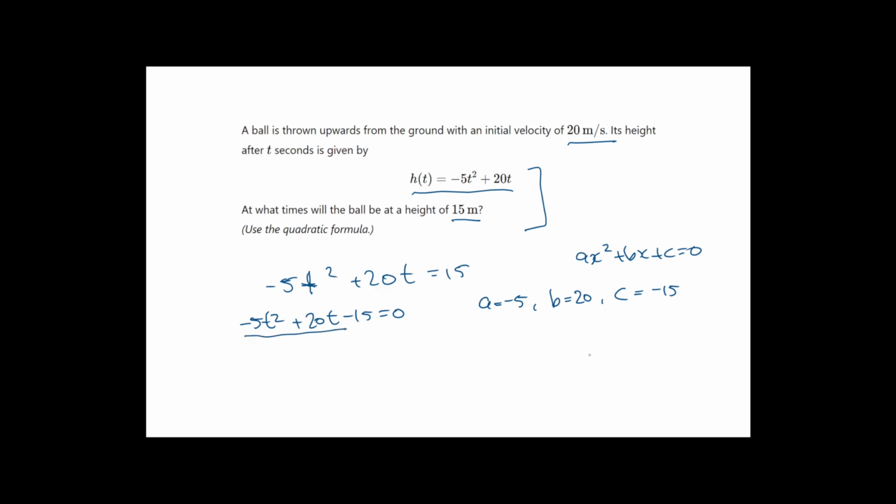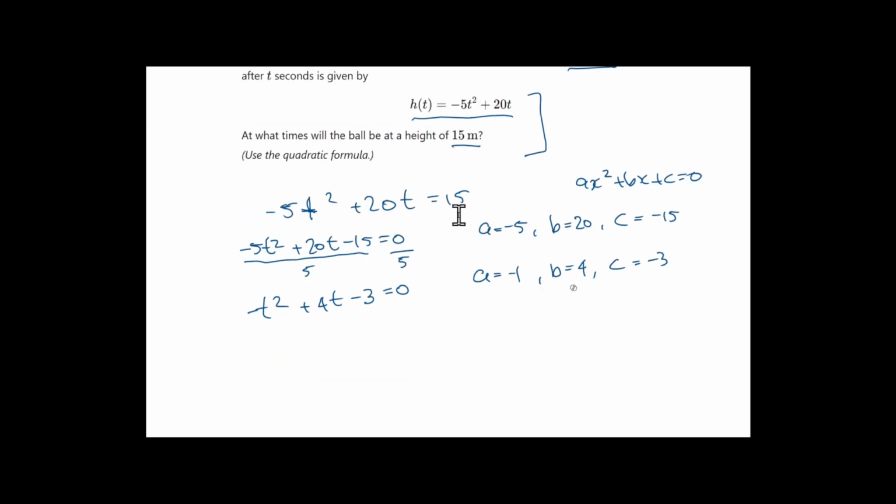If we divide both sides by 5, our life is going to be a lot easier. Minus t squared plus 4t minus 3 equals 0. And now a equals minus 1, b equals 4, and c equals minus 3.